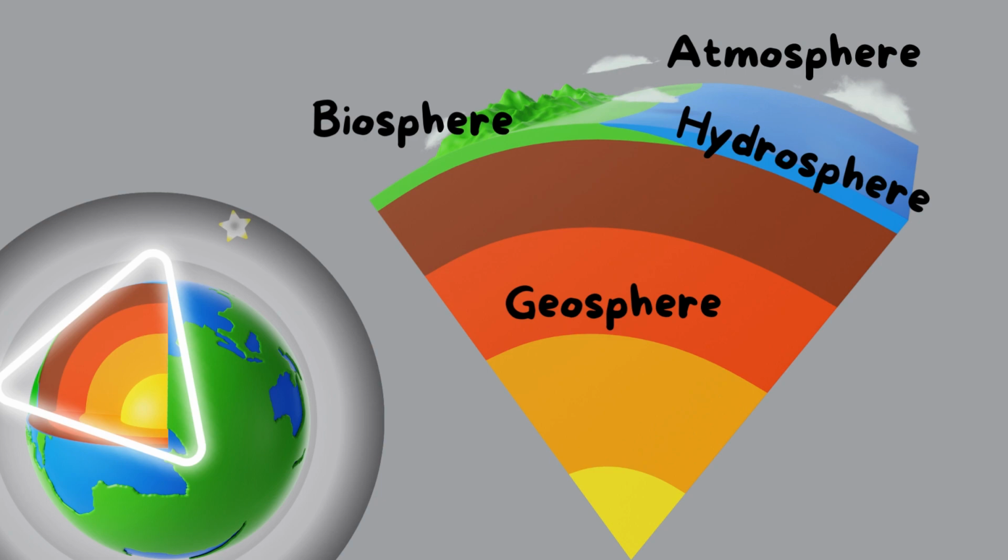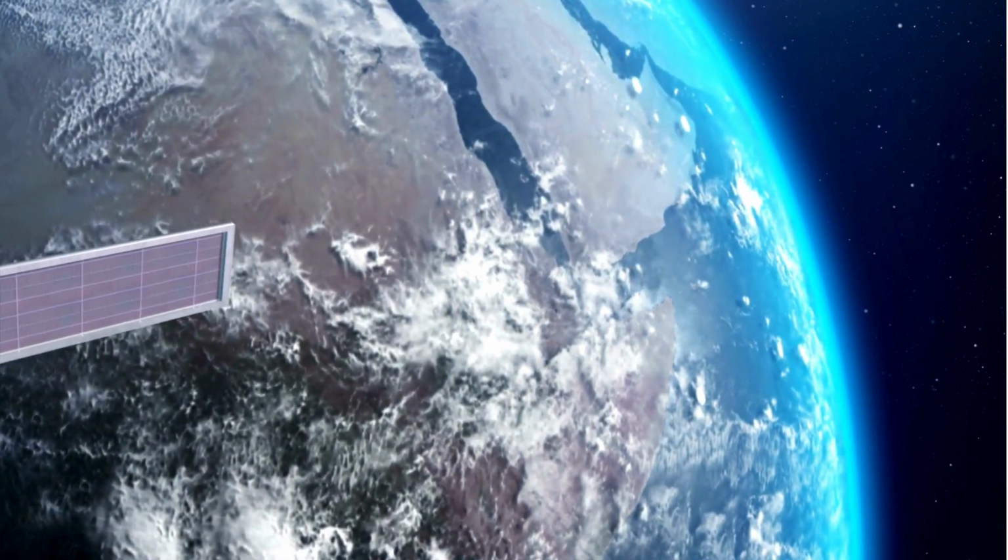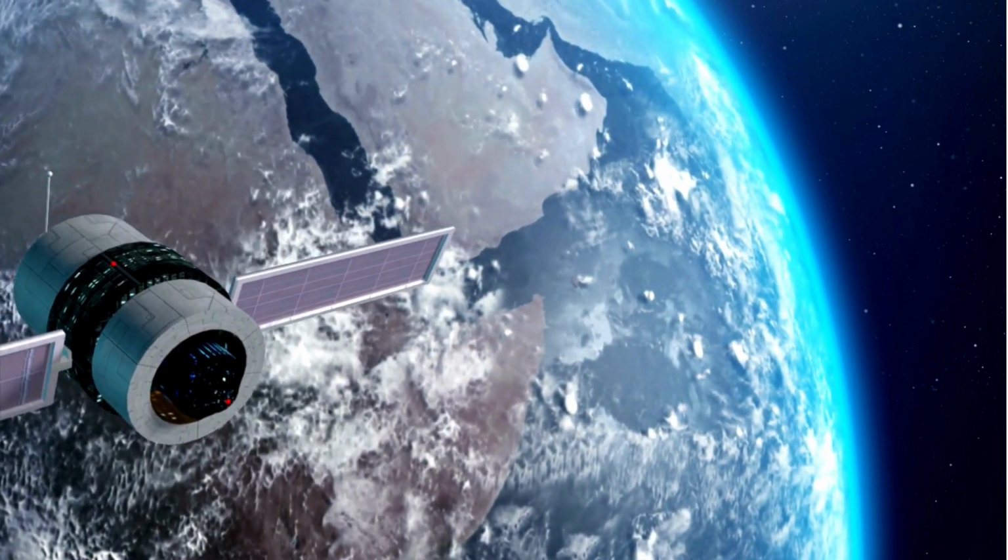Okay, so the 4 systems or 4 spheres are, first, the atmosphere. It is a system that surrounds the Earth. It is composed of what? Yes, a mixture of gases such as nitrogen, oxygen, carbon dioxide, water vapor. Water vapor means the water in the gas state.